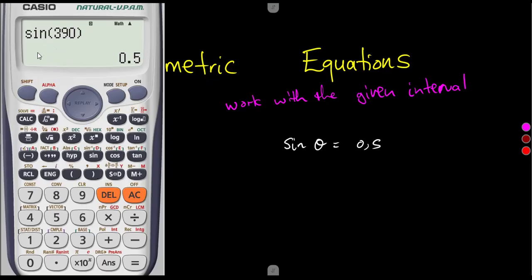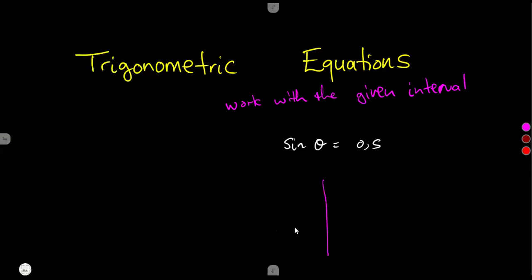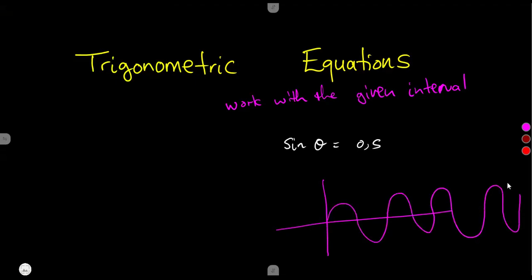We know our interval depends on what you're given, from where to where. There are so many answers that can give us 0.5, because the graph of a sine is a continuous function that does not end. So where we have 0.5, it won't end. That's why we must have an interval.